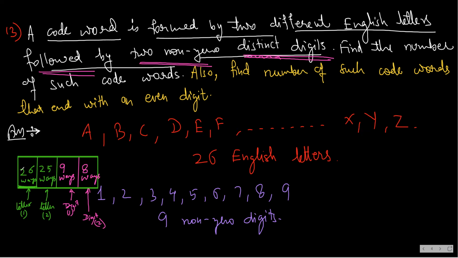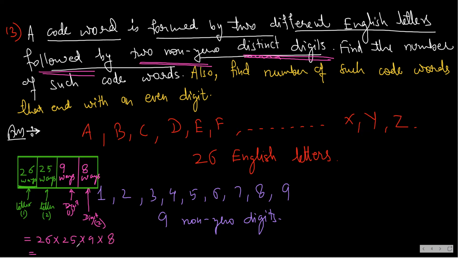Now you understand students that while performing the operation, we were coming across the word and. We had to do this job and this job and this job and this job. So the first one, the selection of the first English letter, can be done in 26 ways, and the second one in 25 ways, and the digit number 1 in 9 ways, and the digit number 2 in 8 ways. So the total number of ways I can do this is 26 multiplied by 25 multiplied by 9 into 8.